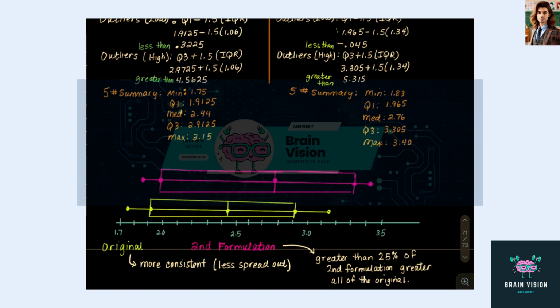So what does that mean? So this here constitutes 25%. So if you look at it here, there's more than 25% of the second formulation greater than all of the data in the original data.